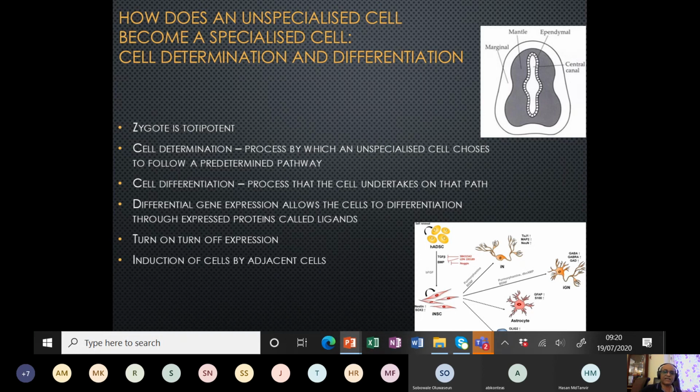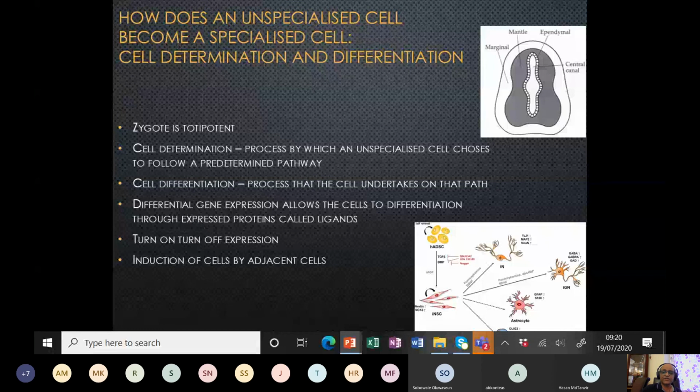But before it does that, it needs to predetermine what path, and that predetermination and differentiation is very much regulated by special proteins called ligands. And we saw earlier on how the notochord induces the adjacent ectoderm, and how the inner cell mass will cleave itself to form the two layers.